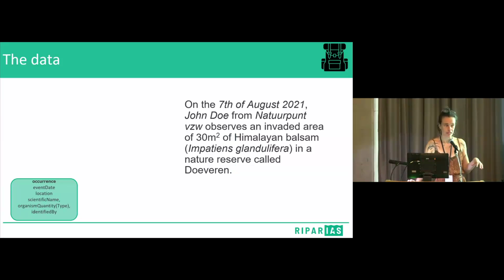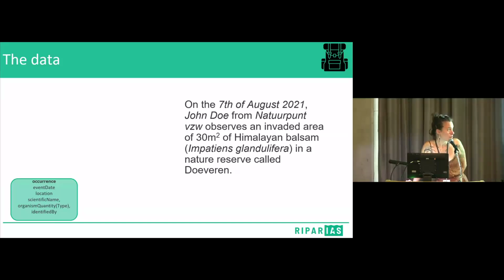For this, we need use cases, which are very specific descriptions of a management action going on in the field with a specific temporal, geographical and taxonomical scope. So for instance, here is a use case: on the 7th of August 2021, John Doe from Natuur.VZW, which is an organization, observes an invaded area of 30 square meters of Himalayan balsam in a nature reserve called Doeveren.